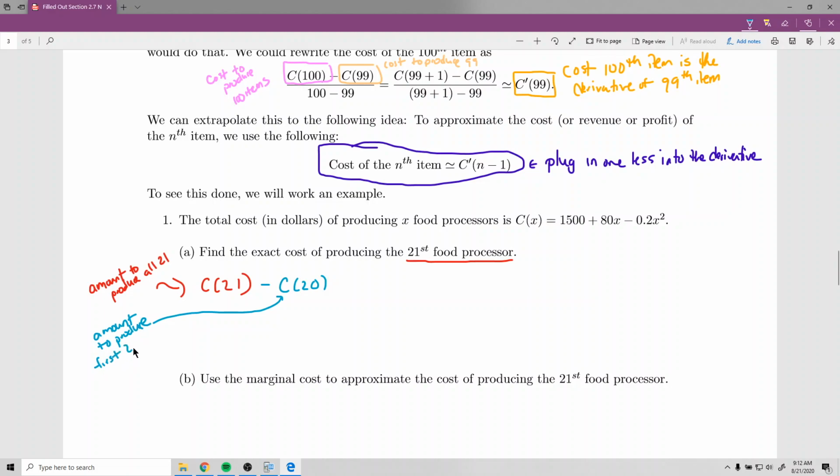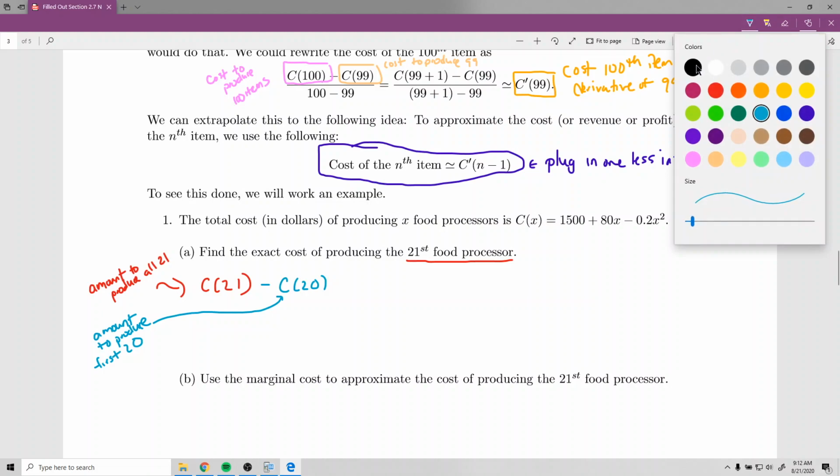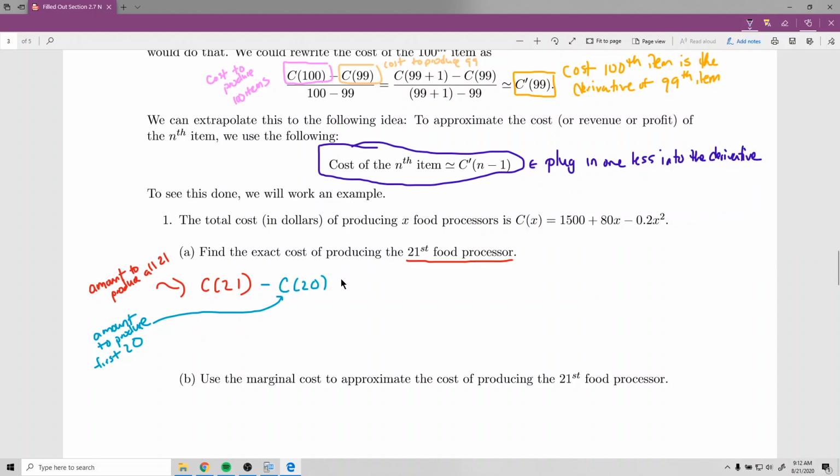Once again, it's kind of like we're weighing the 21, then taking the 21st out, and then weighing the 20th. And the difference is how much the 21st one weighs. But this has nothing to do with the derivative because it says the exact cost.